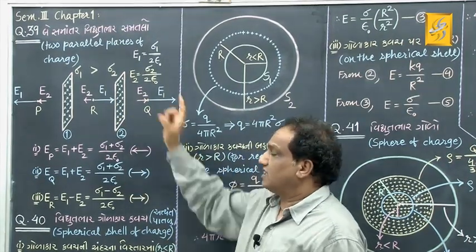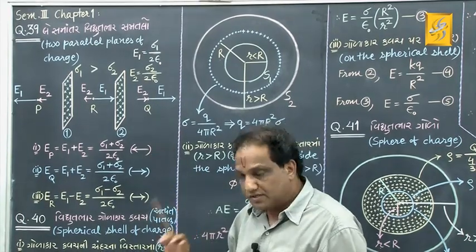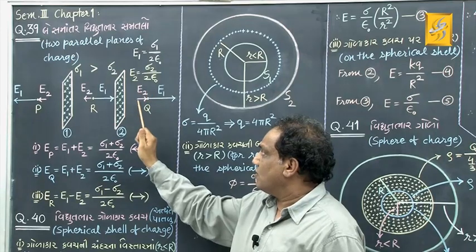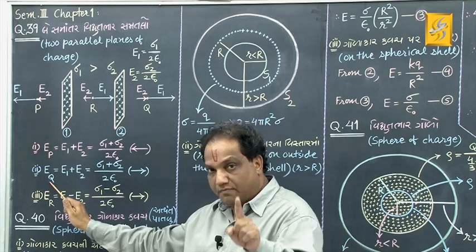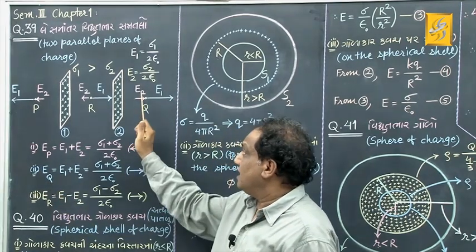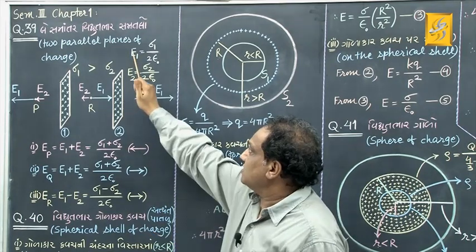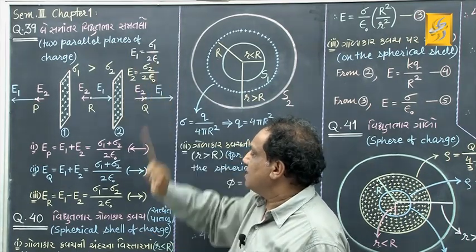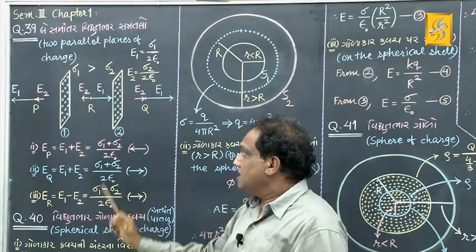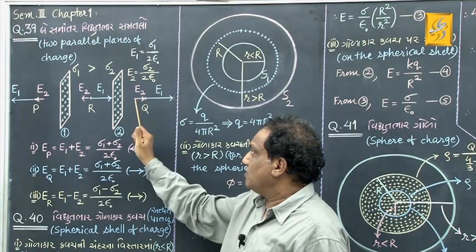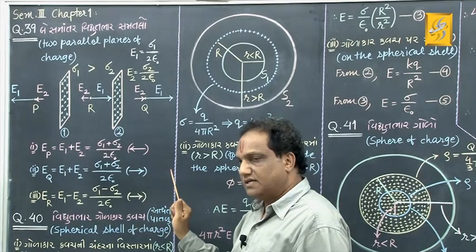Here also E1 is greater than E2, so here longer arrow and here shorter arrow. But because both the electric fields are pointing in the same direction, the resultant electric field at point Q can be written as scalar addition of these two, that is E1 plus E2. Again it is sigma 1 plus sigma 2 upon 2 epsilon 0, but resultant direction will be towards right hand side. That's why I am putting this arrow towards right hand side, correct?